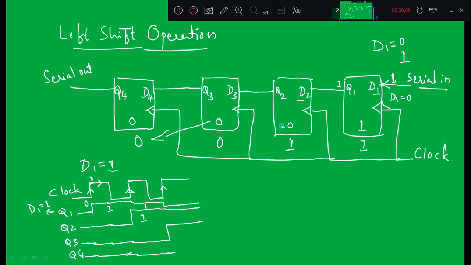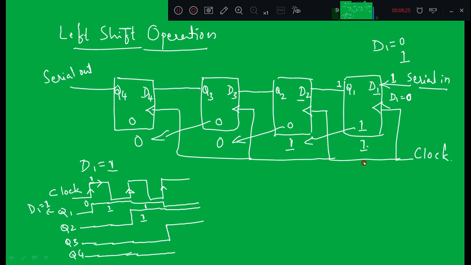So what is happening here? This 1 shifts here, and whatever value you keep on d1 will appear on the first flip-flop. So this is the data in these 4 flip-flops when the second control input is applied. When I apply the third control input, I am making d1 equal to 0.